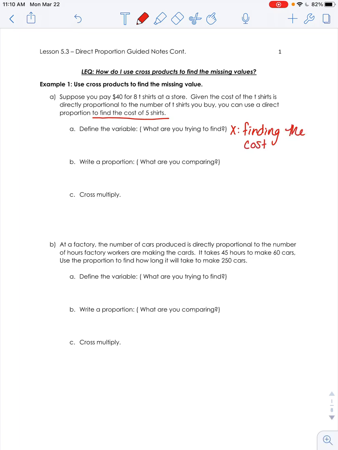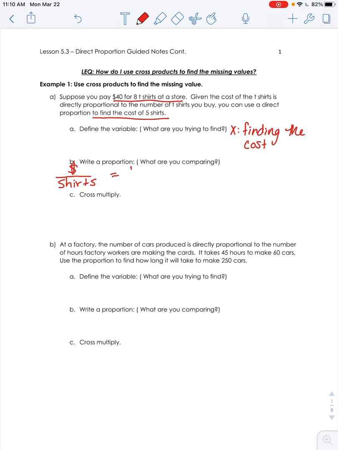Okay. So we need to write a proportion. What are we comparing? So we are comparing 2 items. So you need to be knowledgeable to know that you are comparing 2 different things. So if we look here, we are comparing money and shirts. Okay? So then we could create proportions on that. So what information are we given?